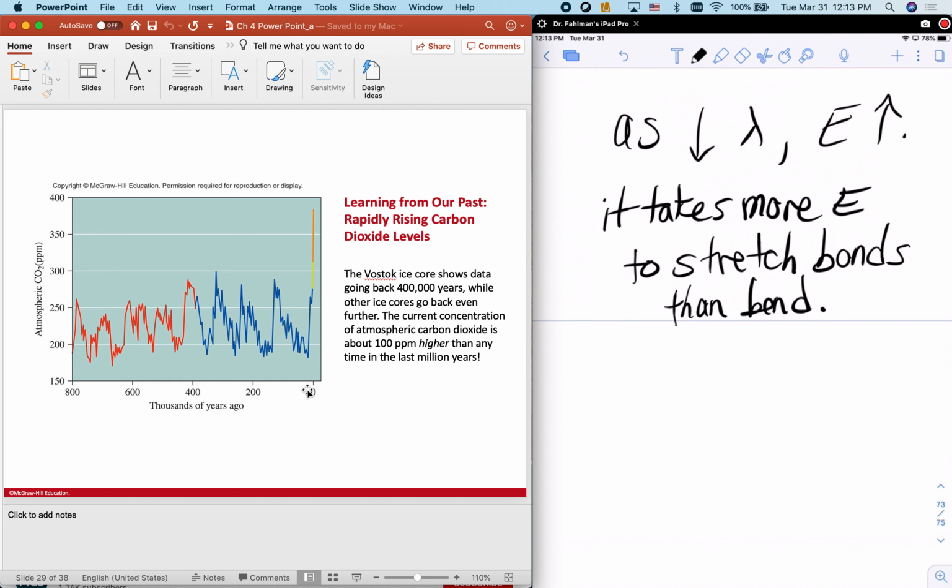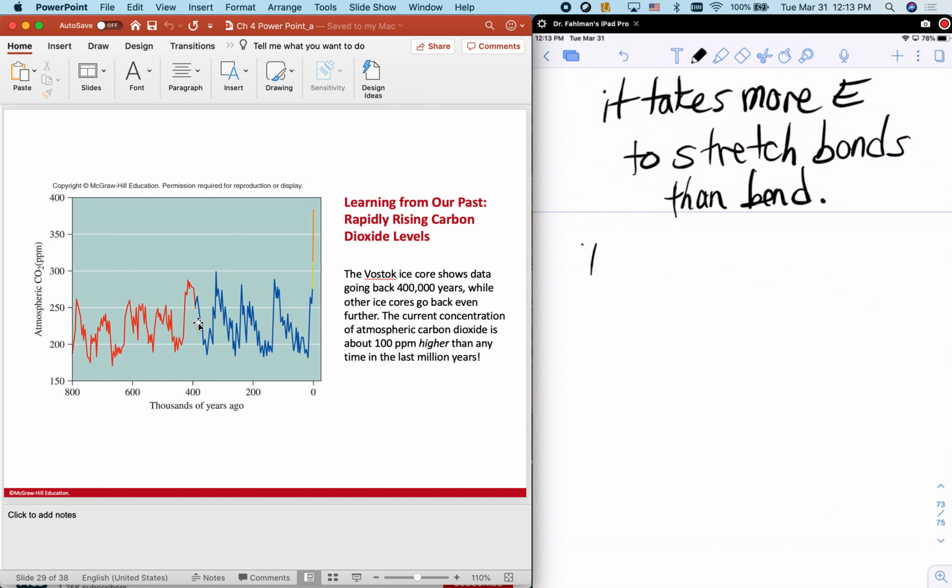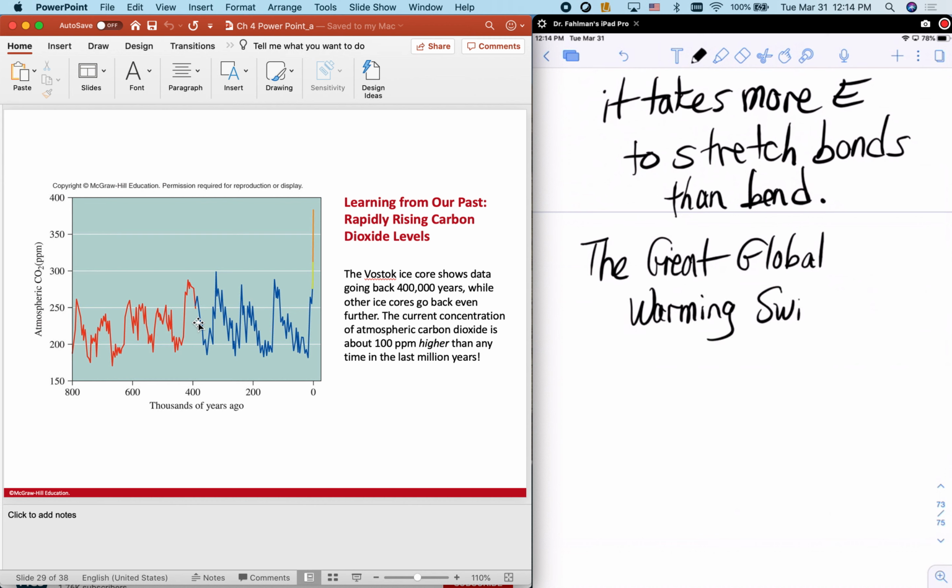If you look at ice core data from way back in time, you can see that there's always a fluctuation with CO2 concentrations. And there's a video called The Great Global Warming Swindle. It's a BBC production, and you can probably find it on the web pretty easily.